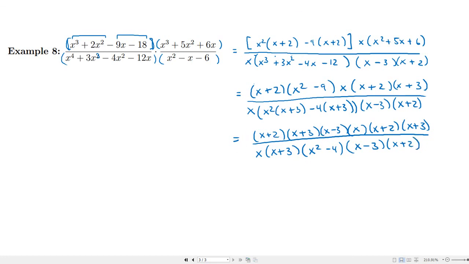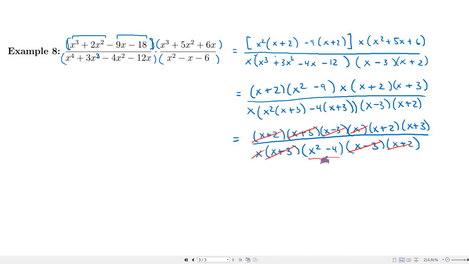Okay, now let's do some reduction. So let me switch to a red here, since there's a lot of factors. x plus 2, there is an x plus 2 here. x plus 3, there's an x plus 3 here. x minus 3, there's an x minus 3 here. An x, there is an x here. x plus 2, there will be an x plus 2 there, but since we didn't do that reduction yet, you know what?